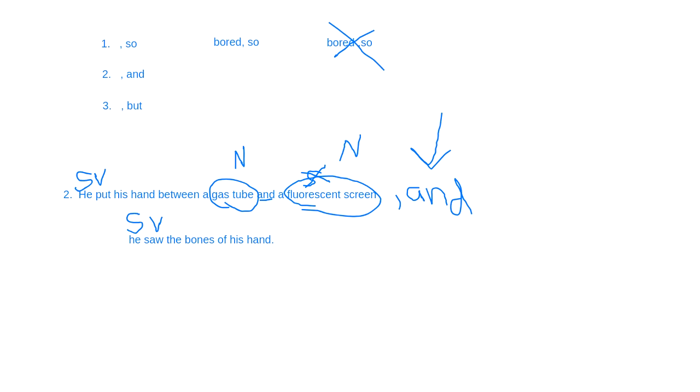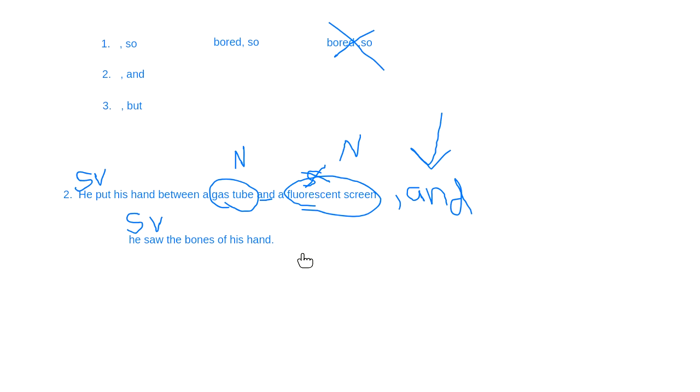Because what we have is a complete, what we call an independent idea or clause here. He put his hand between a gas tube and a fluorescent screen. All of this is what we call an independent clause. We can't separate this with a comma.